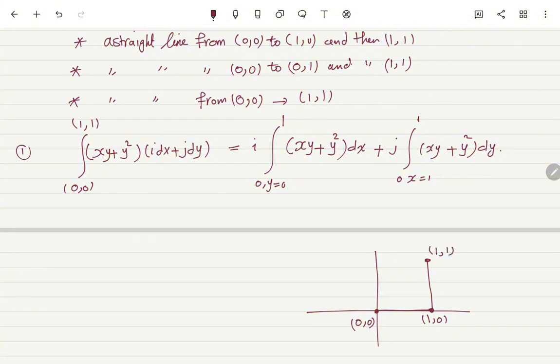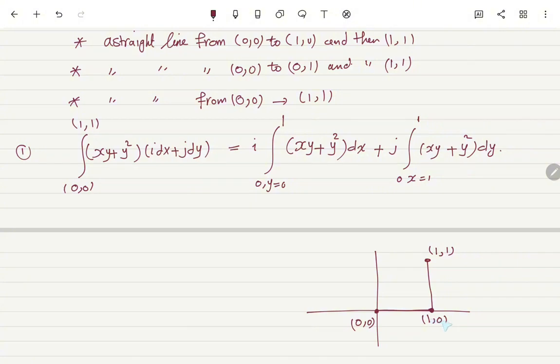So for the first part of the integral, y equal to 0 right here, and x equal to 1. And the second part of the integral is over the y-axis, and in this case x equal to 1 right here.